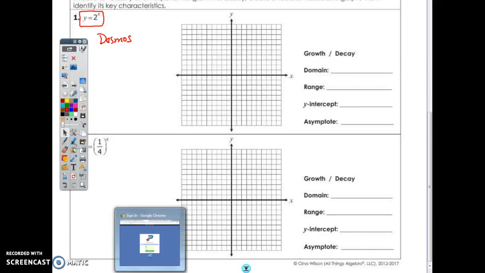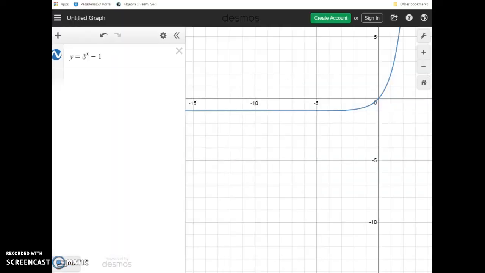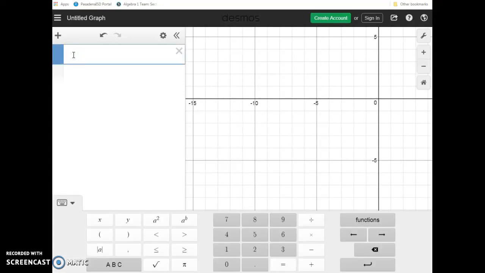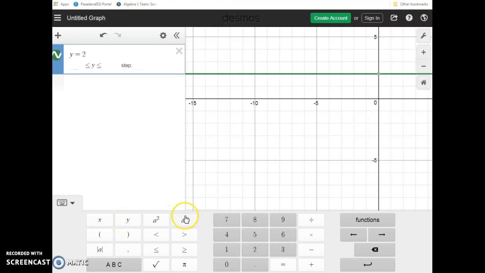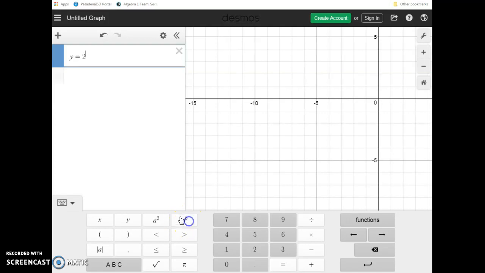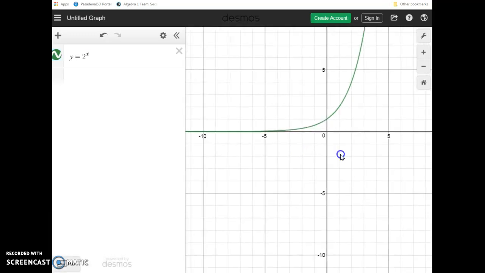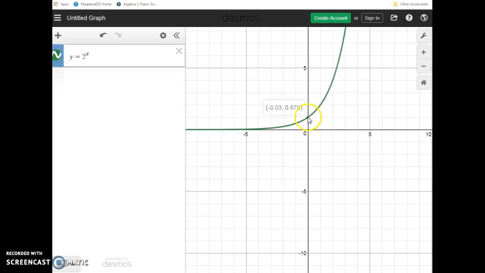So in Desmos, y equals 2 to the power of x. Y equals 2. And this is the button that we're going to use to the power of. Okay? And then type the x up on top. So then it does it for you. What's the first thing you see?